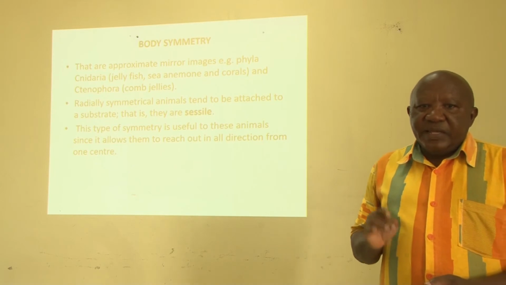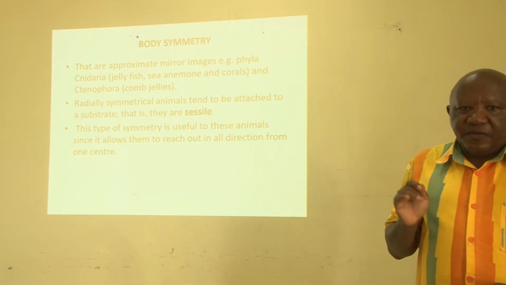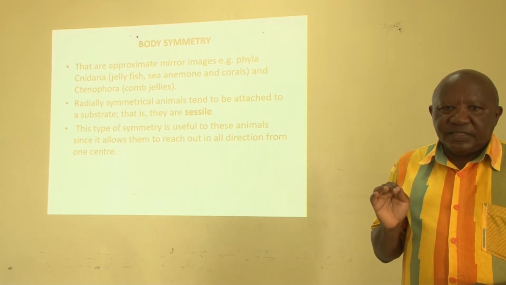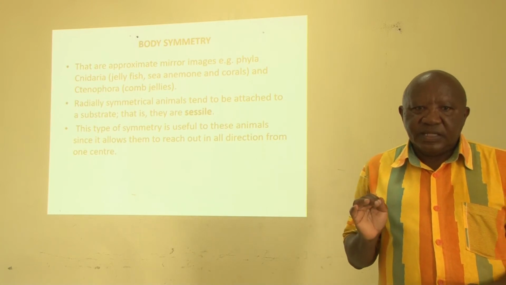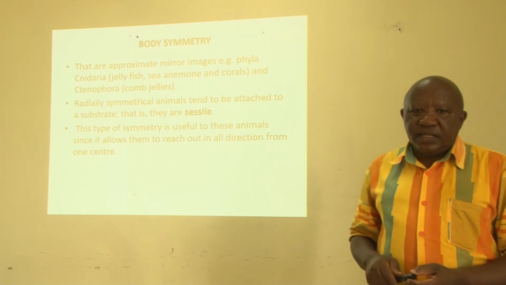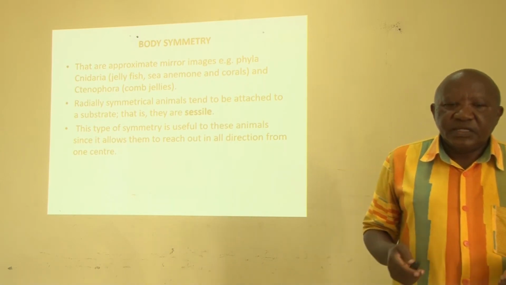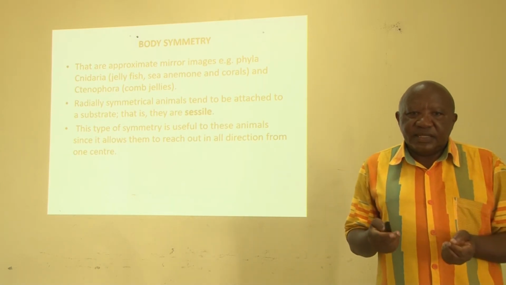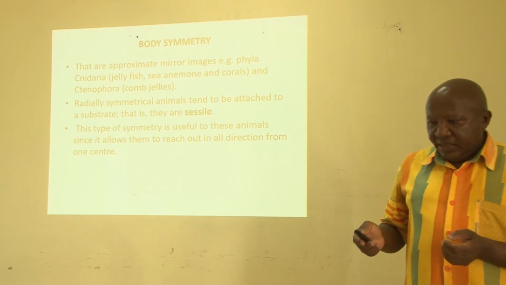They are approximate mirror images. For example, phyla Cnidaria, jellyfishes, sea anemones, and corals, and Ctenophora, called comb jellies. Radial symmetry animals tend to be attached to a substrate.